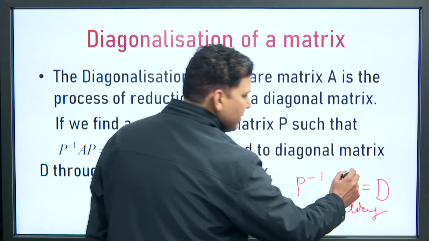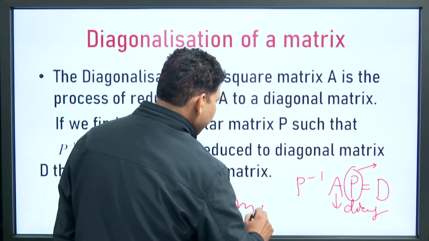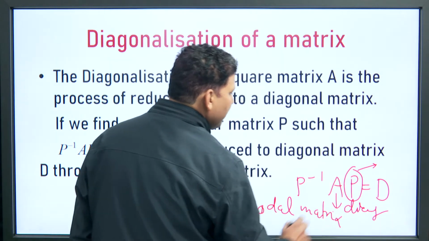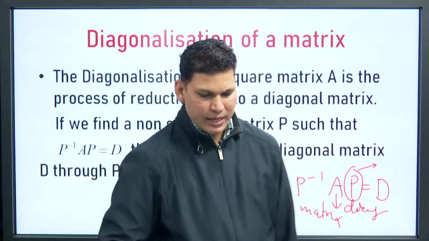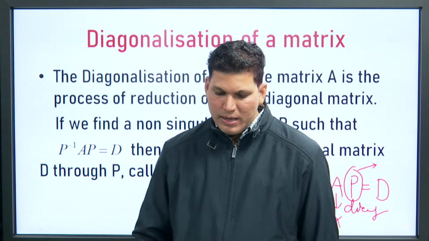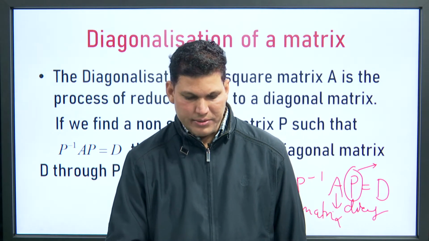This matrix P is actually called the modal matrix. Through this matrix we can diagonalize any square matrix, and if this matrix exists, then the matrix is diagonalizable.